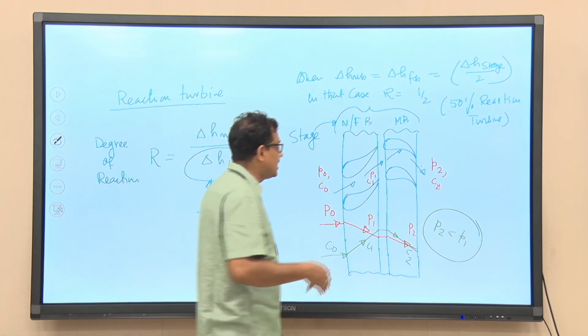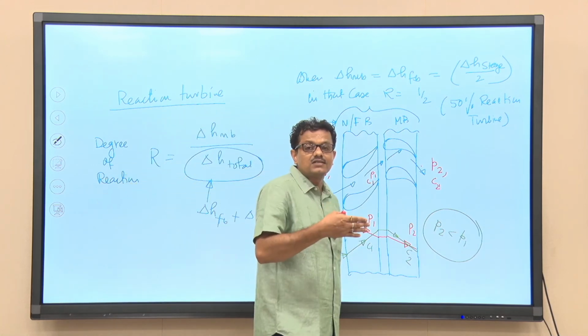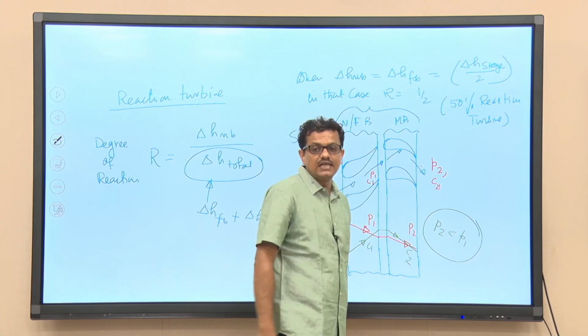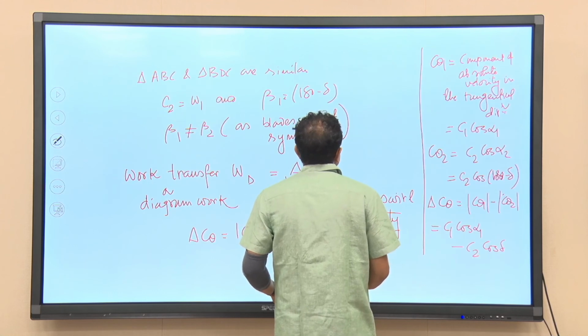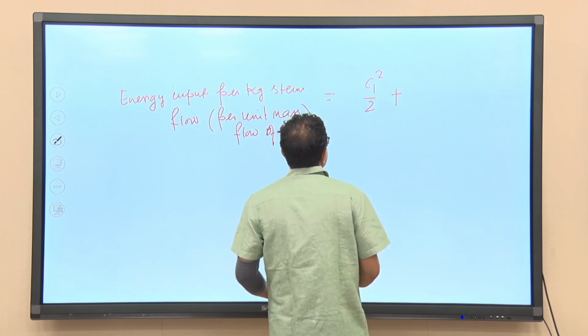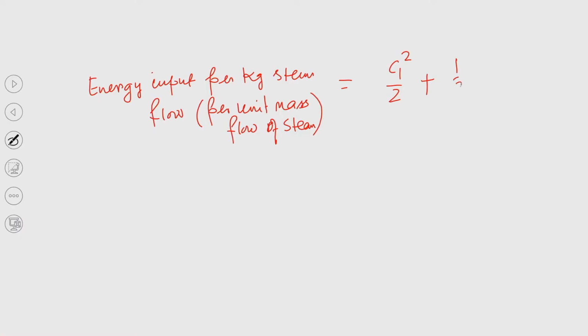That leads to a reaction on the blades in the opposite direction. So, that term will be there, which is half into W2 square minus W1 square, right.